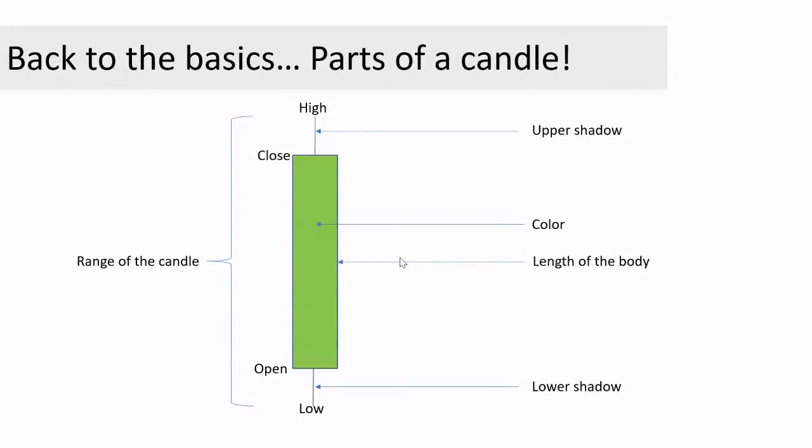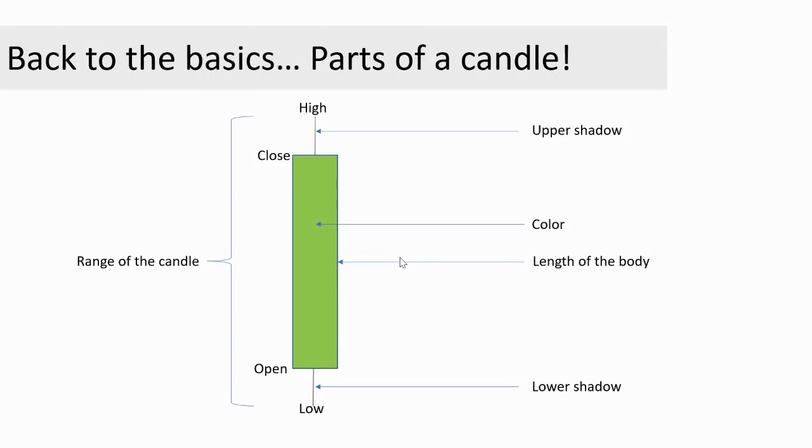So before we proceed to the template or the cheat sheet, let's try to understand what are the parts of the candles. These are very important, so pay attention. The upper shadow. The upper shadow is basically the distance between high and the close. This is the place where the price gets rejected at the high and then gives a closing in a bullish candle, and it is opening in the bearish candle. The color of the candle is obviously important if it's green or red.